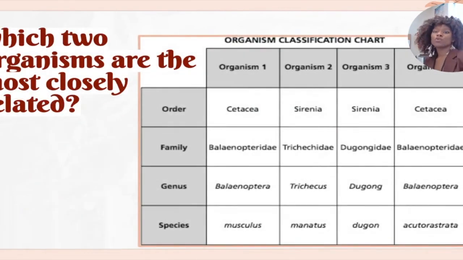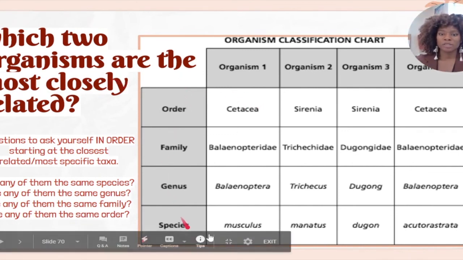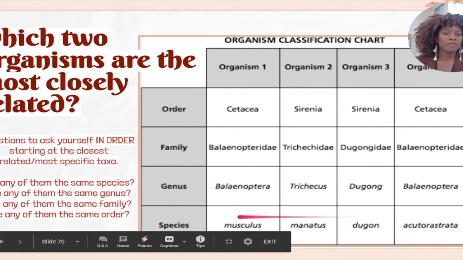Okay, which 2 of these organisms are going to be the most closely related based off of this chart? The way that we solve this problem is we start with the most, so we're asking for who is most closely related. Out of all of these levels of classification, species is going to show us that they're mostly related. So let's look right here. Are any of these organisms the same species?